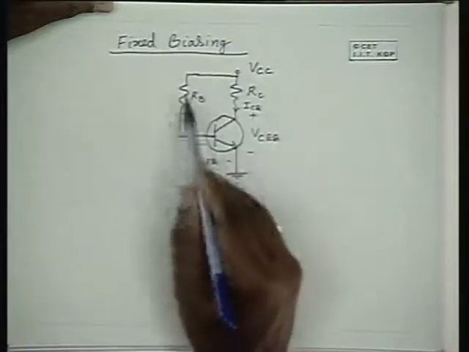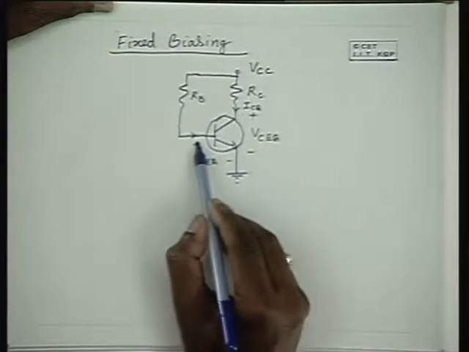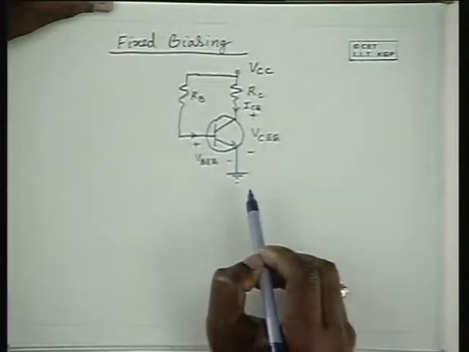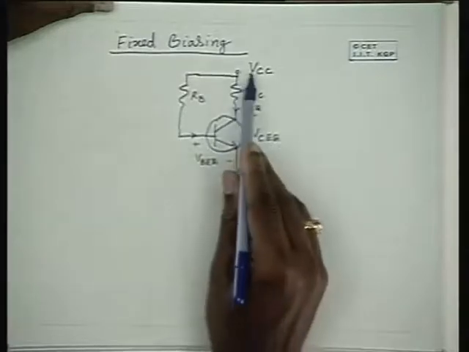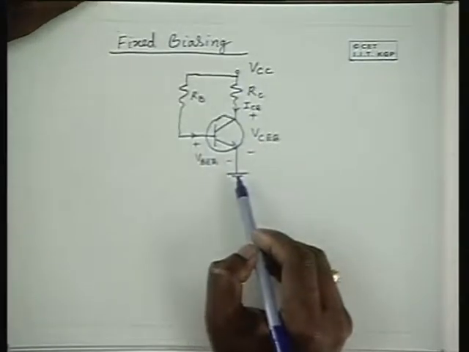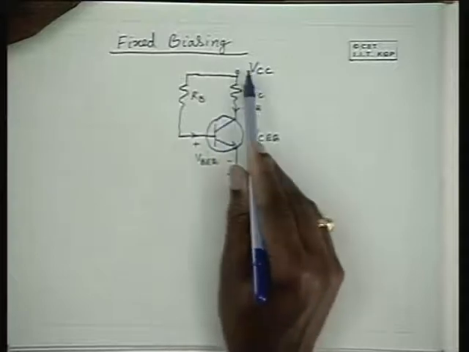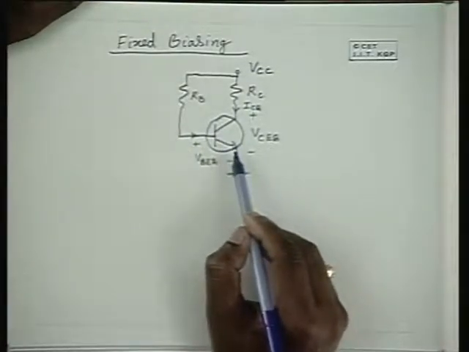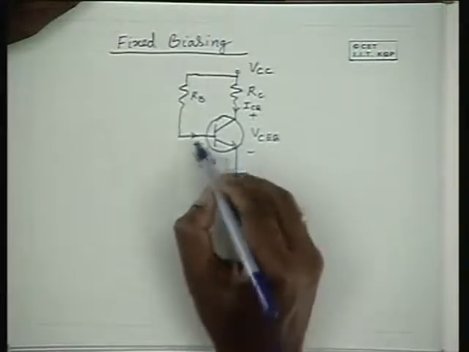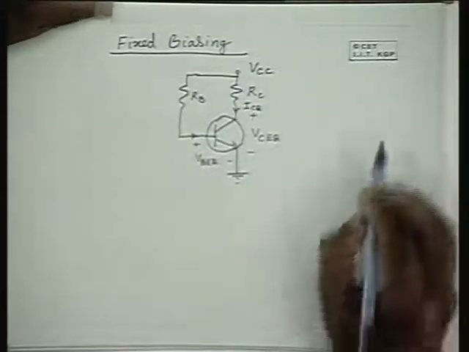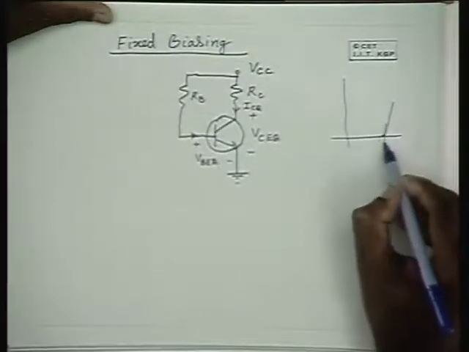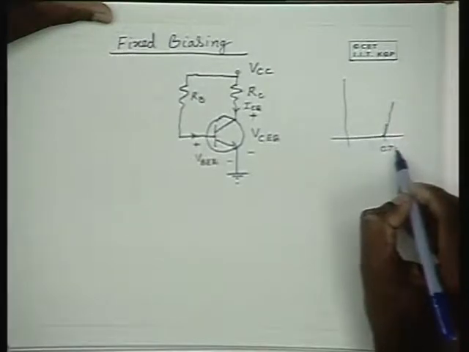Naturally, you are applying a positive potential to the base emitter junction through this resistance. Now if VCC is greater than 0.7 volts, certainly it is going to drive some current into the base emitter junction. And irrespective of the current, the voltage drop is about 0.7 volts.